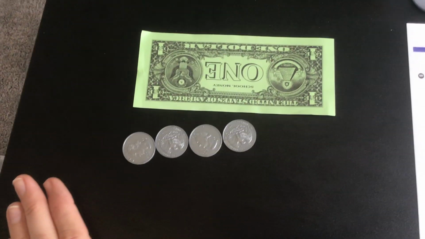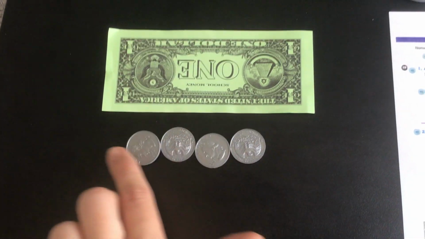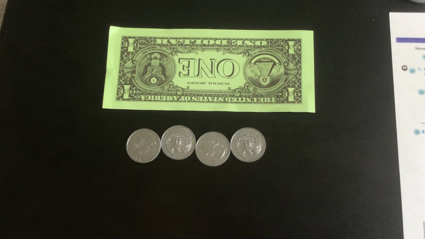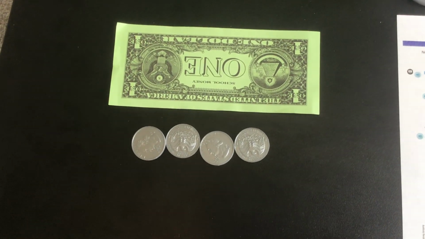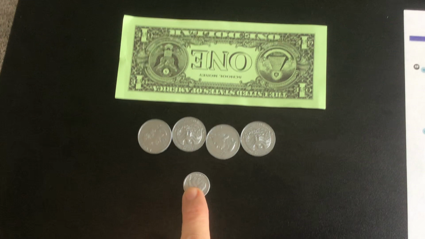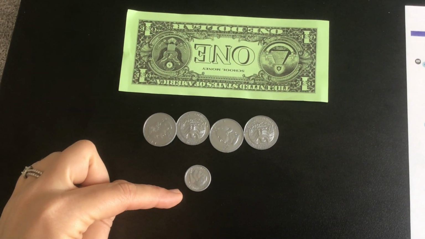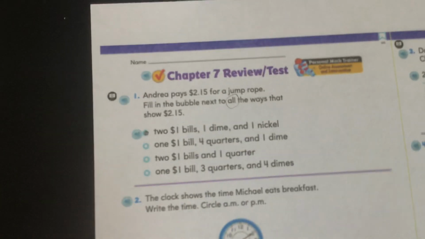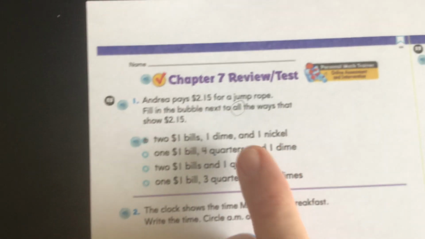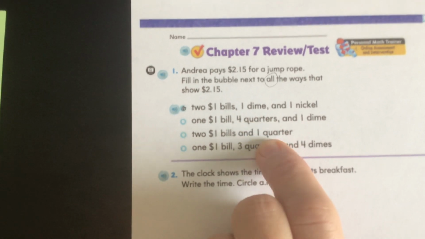So I have $2 in different forms: $1 as quarters and $1 as a dollar bill, and a dime. So this would be $1, $2, and a dime, $2.10. Now the directions wanted us to find $2.15. So this option is not correct.